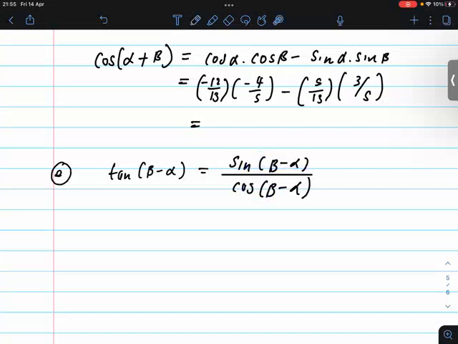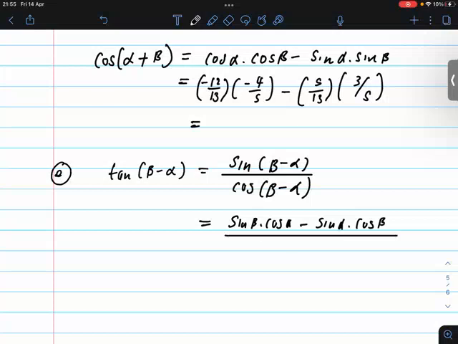You're going to expand this on its own and then do the same for the other one. So that would be sine beta cos alpha minus sine alpha cos beta. It's a sine compound angle. Same thing for the bottom: no, cos beta cos alpha for cos, remember?